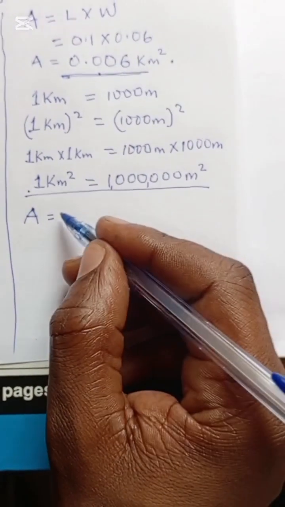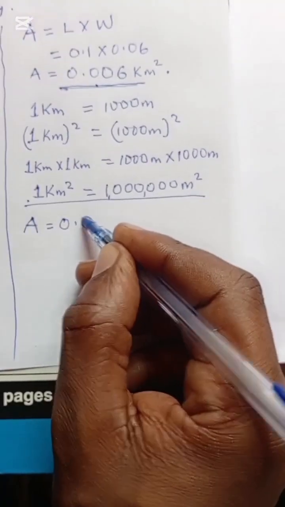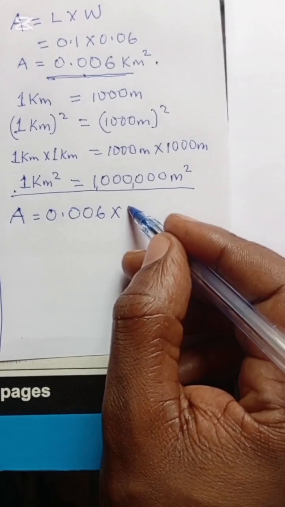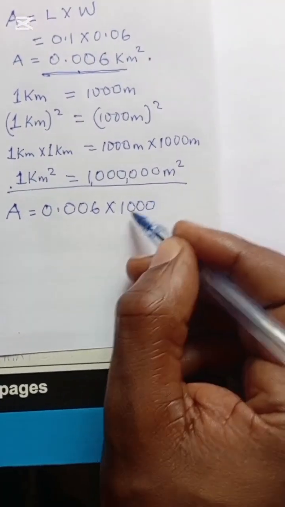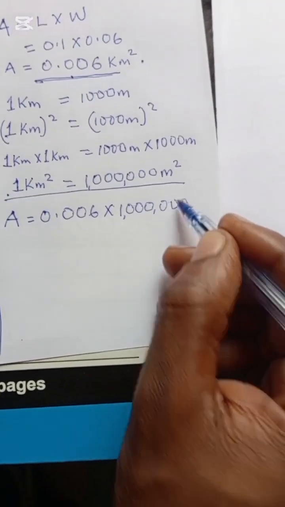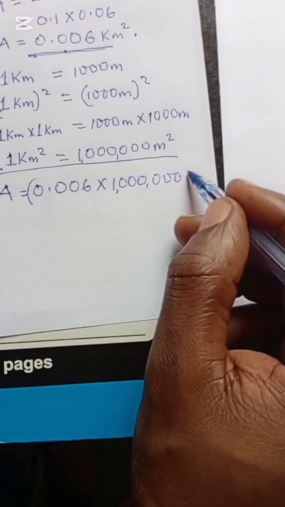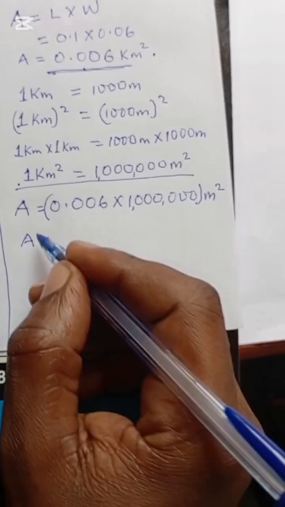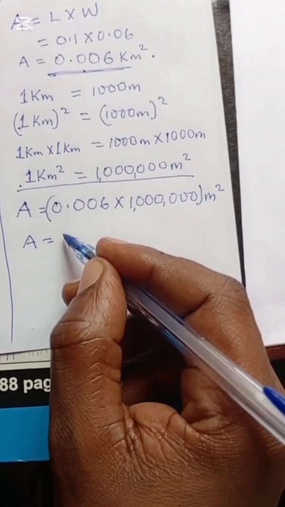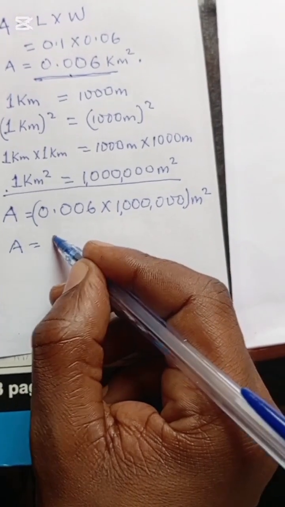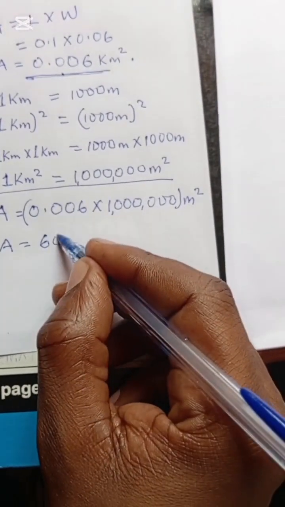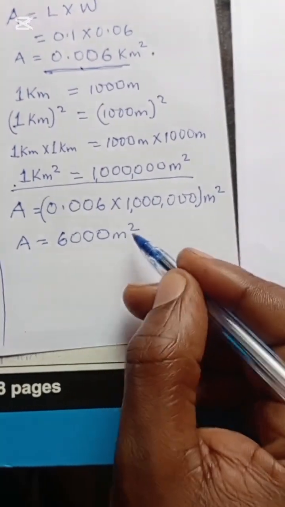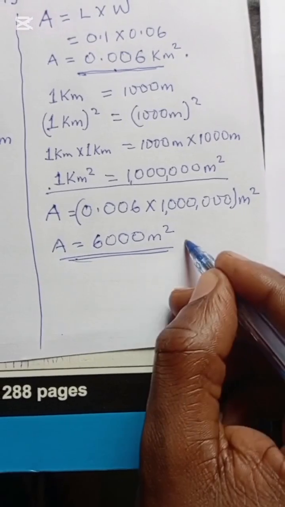So it's just a matter of multiplying the area that I got before, 0.006 times 1 million. The answer you'll get here should now be in meters squared. So the area therefore is going to be 6,000 meters squared, and this is the area.